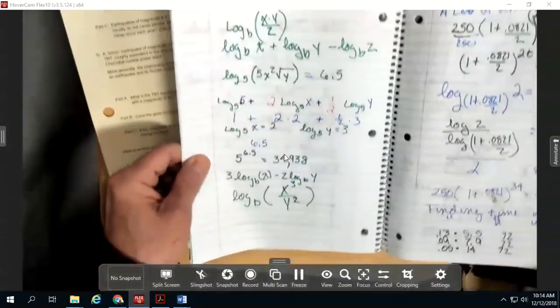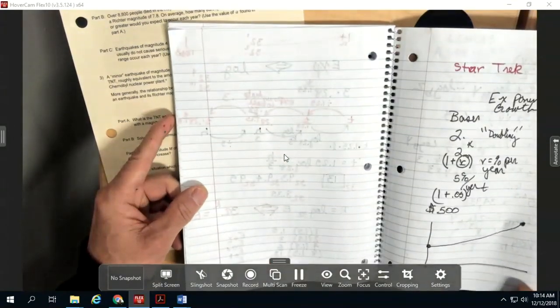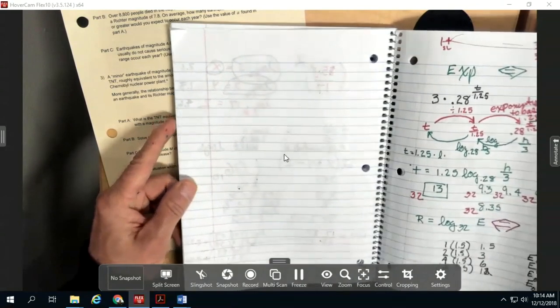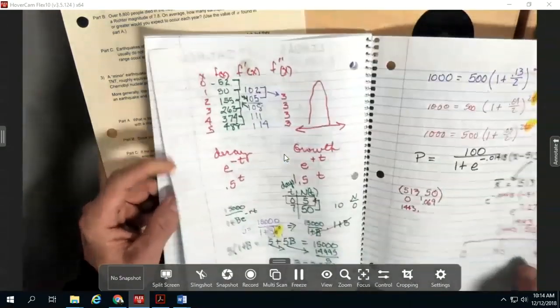I know we did it one day. Here it is. No, that's not it. Where we had the log of a sum is the sum of the logs, log of a difference.